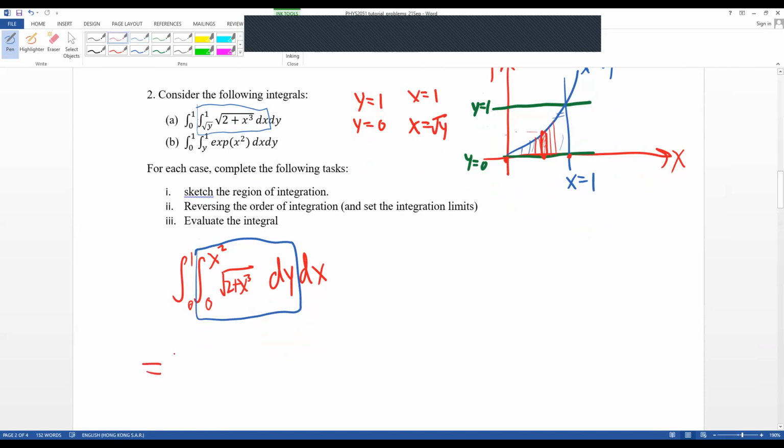So that means it's equal to this. Just integrating this gives us x squared.